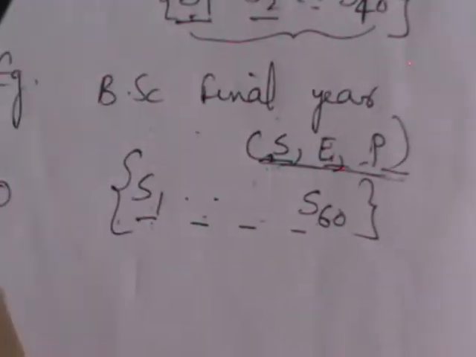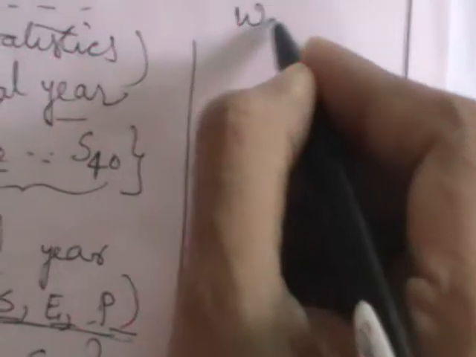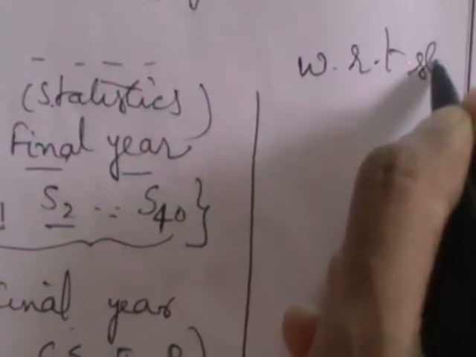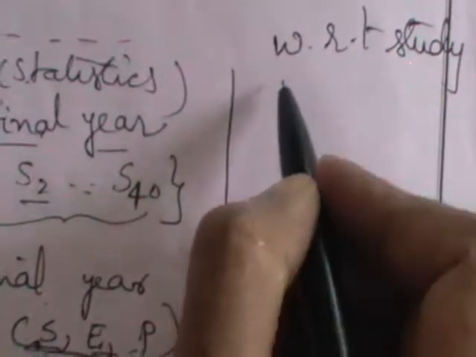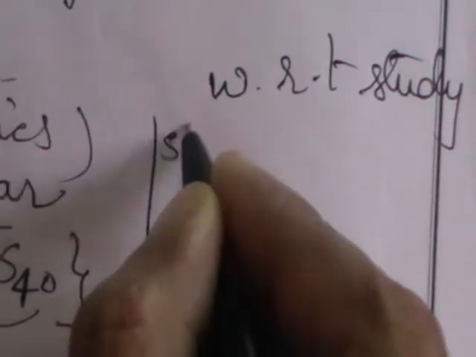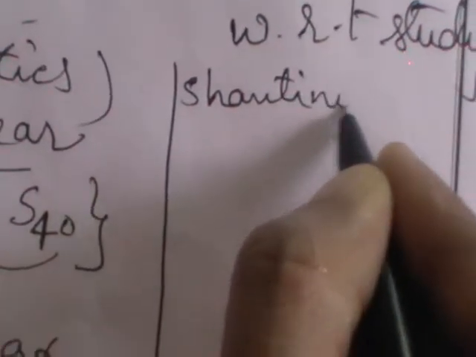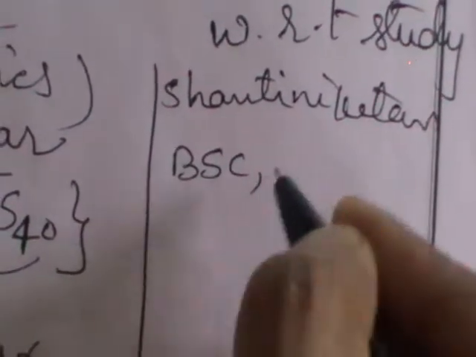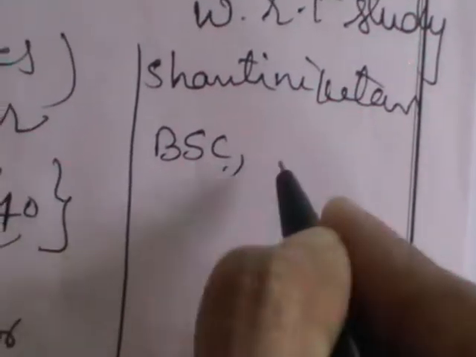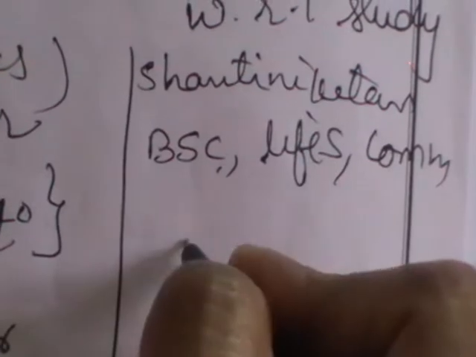One more example. With respect to a particular study, we classify the population as either heterogeneous or homogeneous. If I consider the entire Shantiniketan college, you have BSc science groups, and in that science you have life sciences and commerce, different combinations.